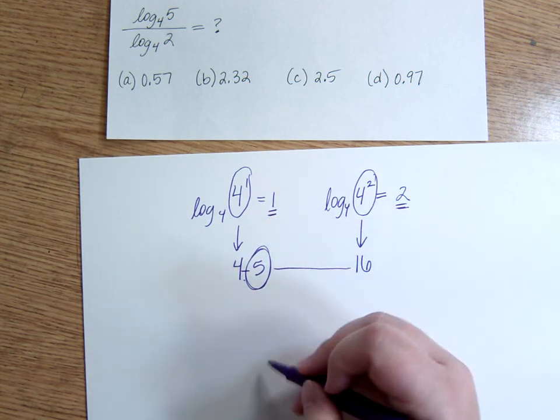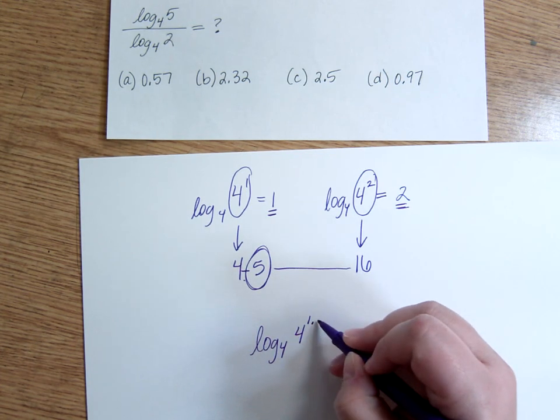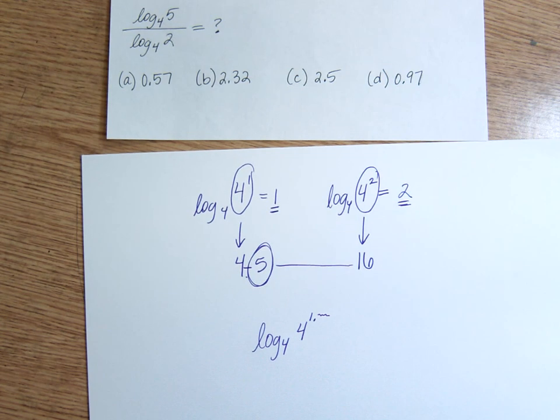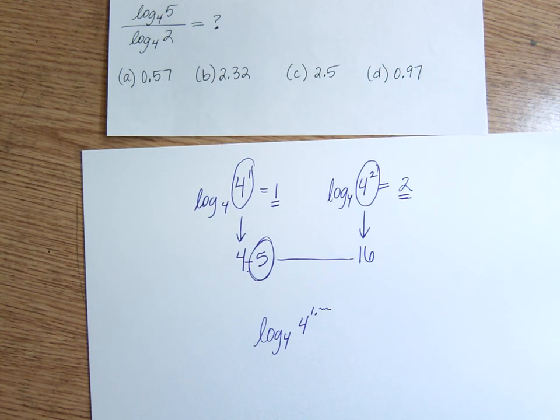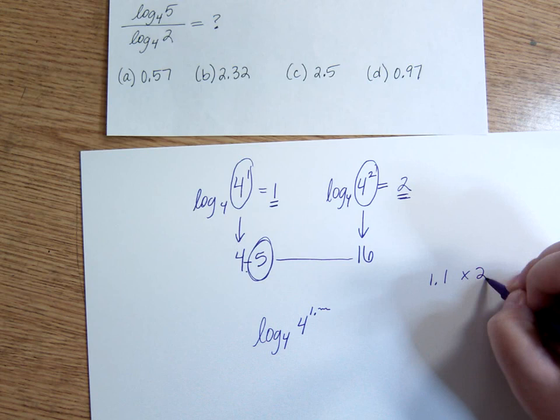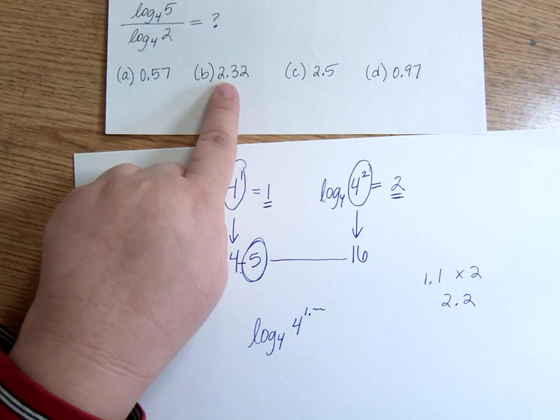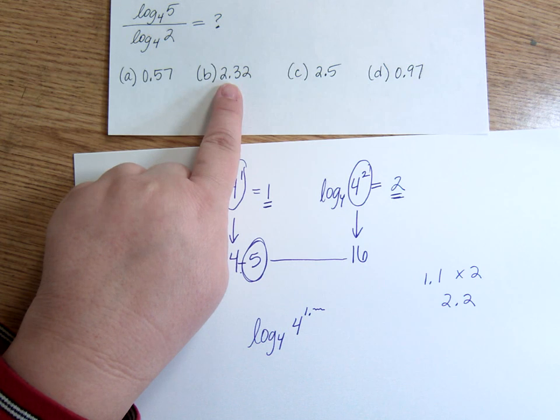In other words, it's log base 4 of 4 to the 1 plus a little bit, like 1.1, maybe as big as 1.2, but no bigger than that. Probably in the 1.1 range. So if I do 1.1 times 2, I get 2.2. So to me, this is a much more reasonable answer. And that's the one I'm going with.